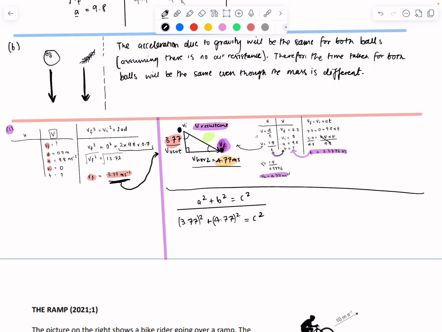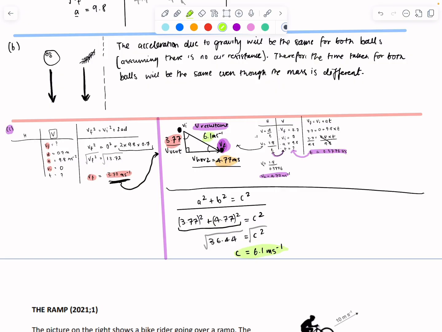Okay, so plugging these values in my calculator, I am going to get 36.44 equals c squared, but I don't want c squared, I just want c, so I'm going to take the square root of both sides, and what I'll have here is c equals 6.1 meters per second. Okay, so 6.1 meters per second. That's my value here.